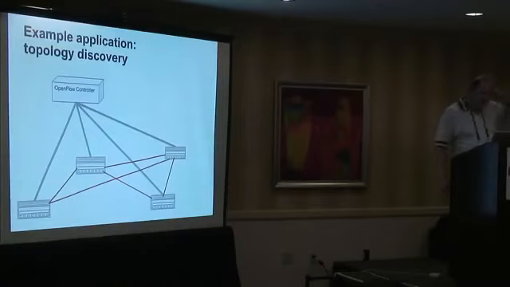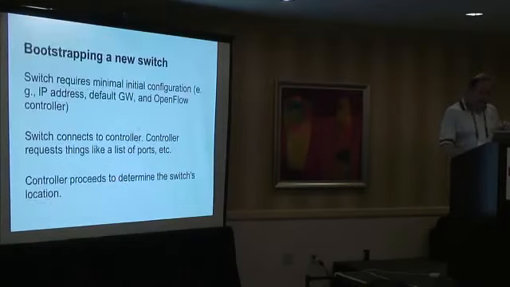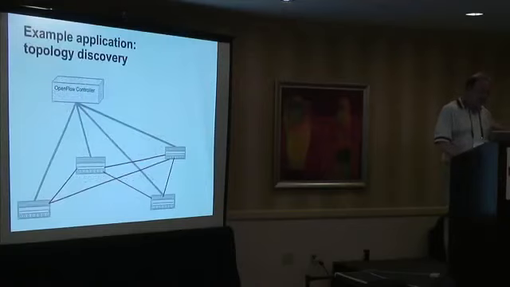Okay, I'm going to give you just a real quick example of how some of this stuff works. Let's say that we're talking about an enterprise. Let's say a campus. I come from a university. So let's say a campus, you've got some big OpenFlow network that is all over campus, and you've got a network engineer installing a new device.